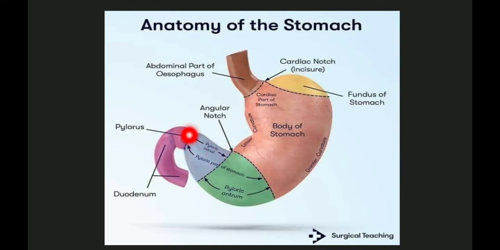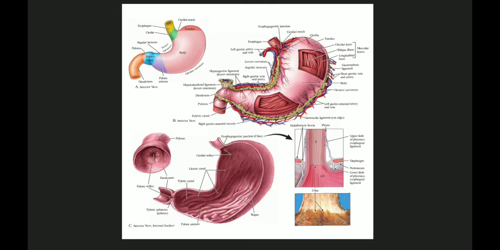At the most dependent part, there is an angular notch known as incisura angularis, and the lesser omentum is attached here. In this picture, you can see the pyloric orifice, and this is the angular incisure.